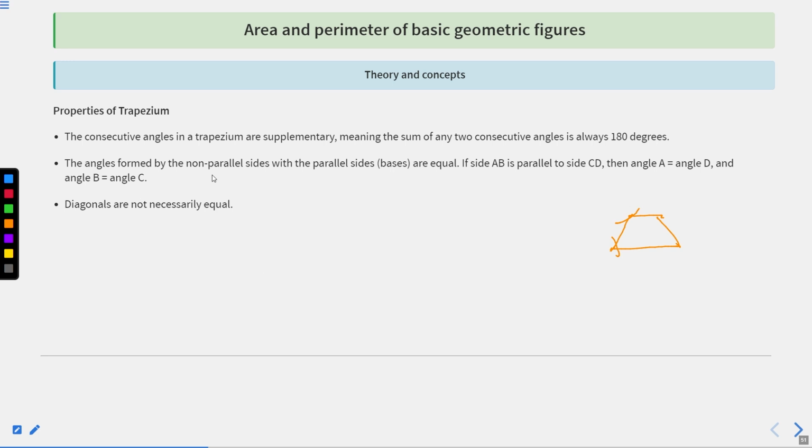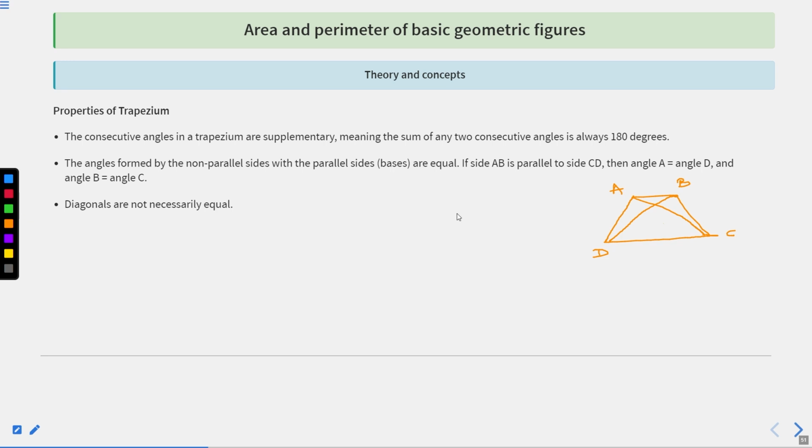The angles formed by non-parallel sides with parallel sides are equal. Let me try to explain it graphically. Suppose this is a trapezium. Let's give some names to the points, A, B, C, D, and these are the diagonals.